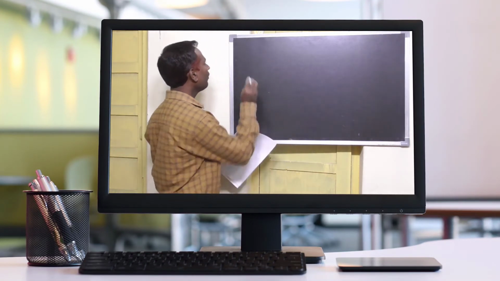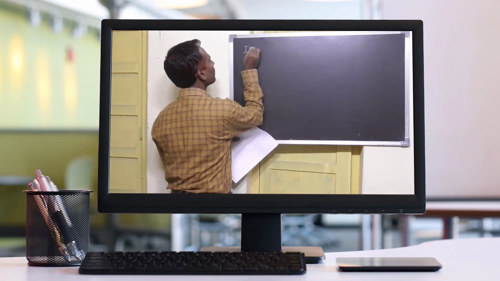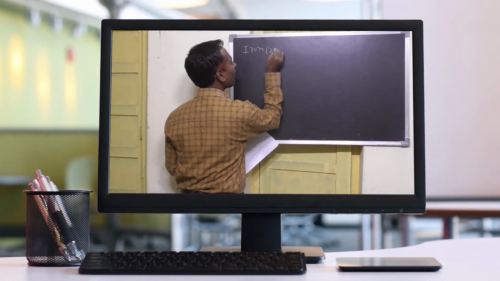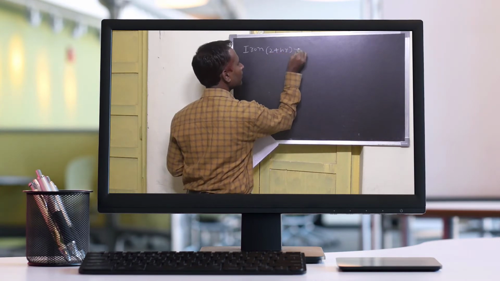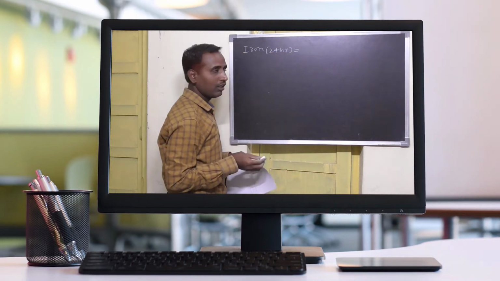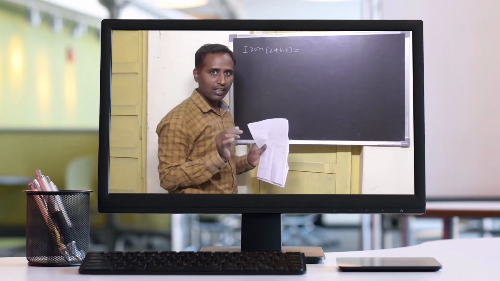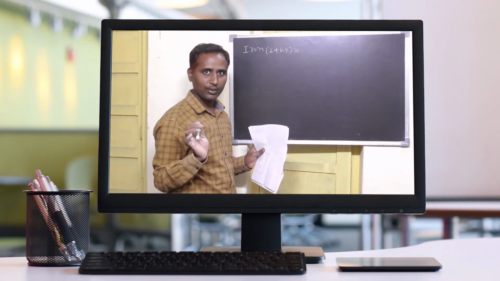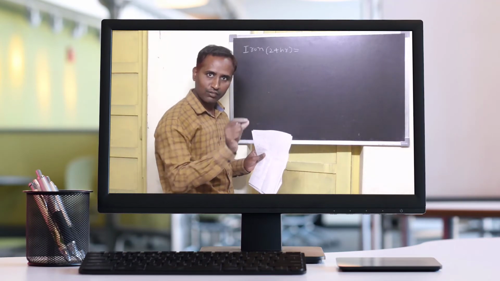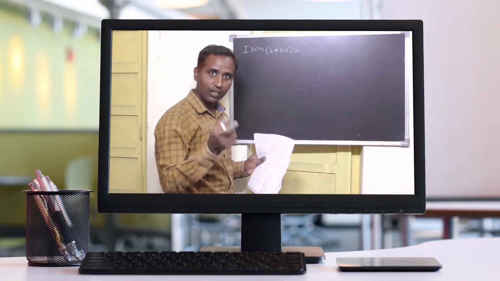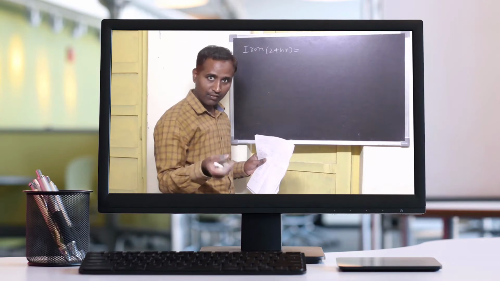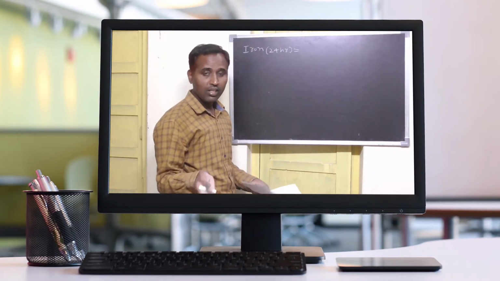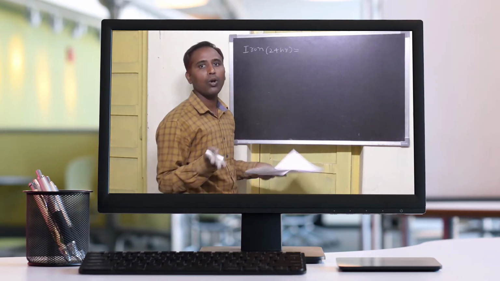Let us solve first the iron loss for 24 hour. We know that iron loss is also known as constant loss. Means iron loss is the same for full load, half load, 1/3 load, 1/4 load, and no load.